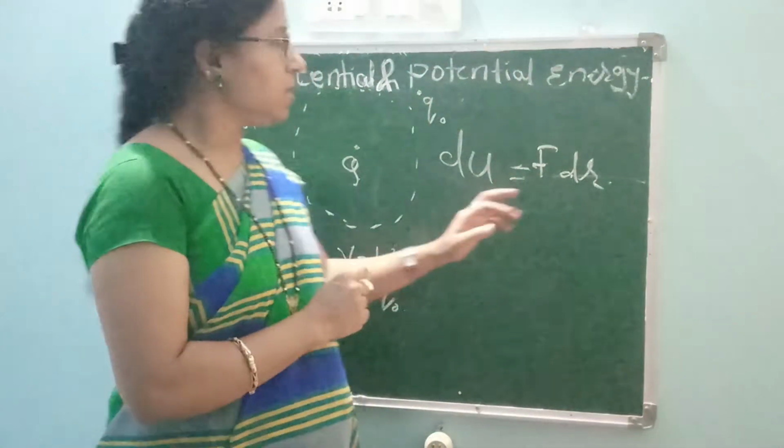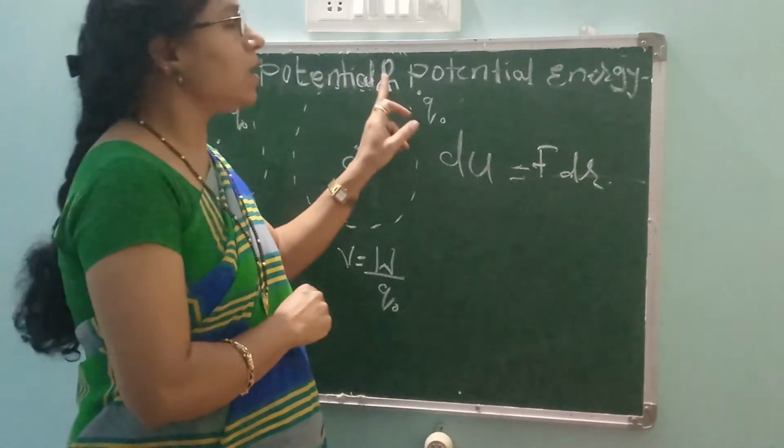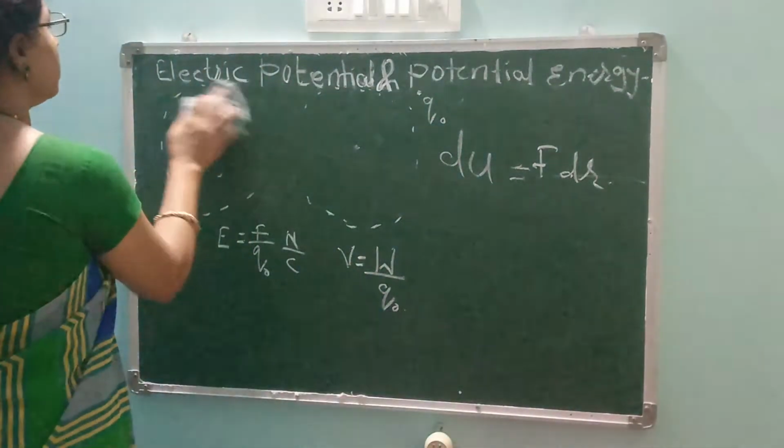Mathematically we have seen this. Now students, we have to find out the derivation of the electrostatic potential energy. How will we see that?